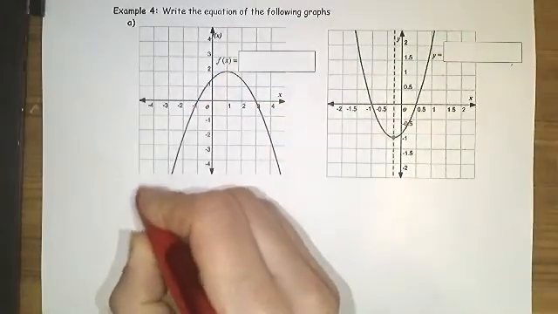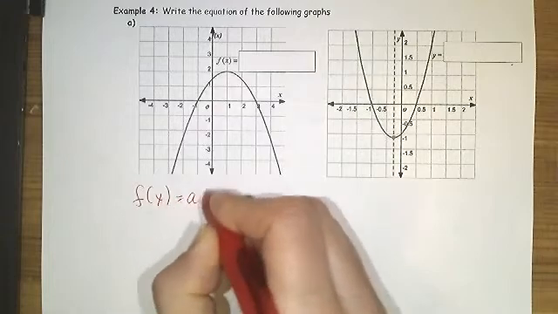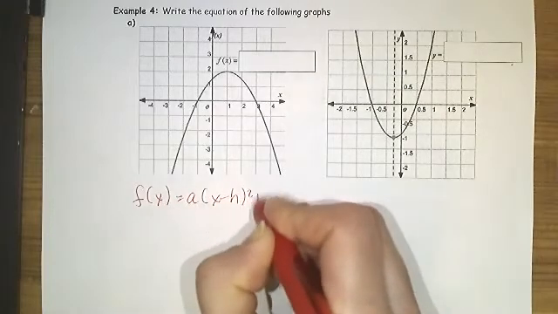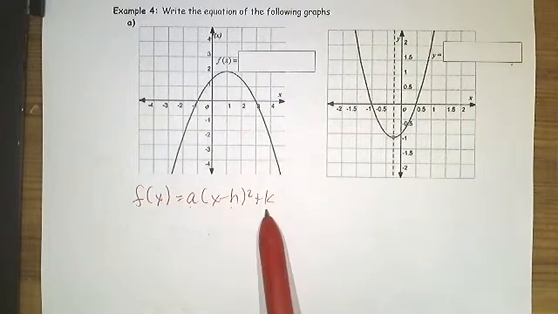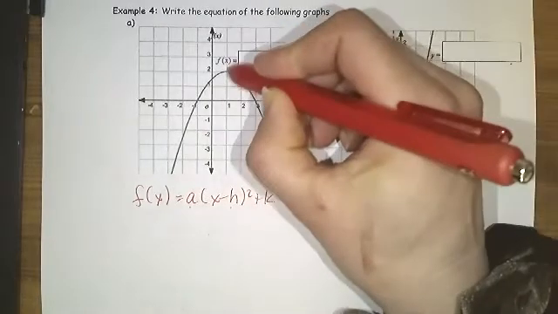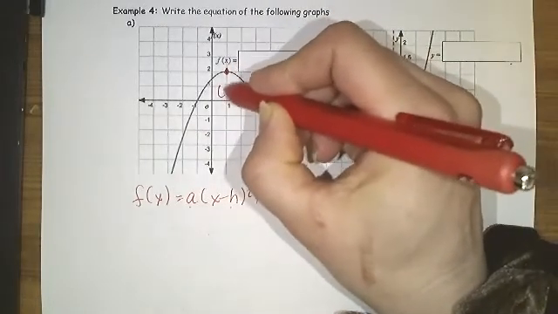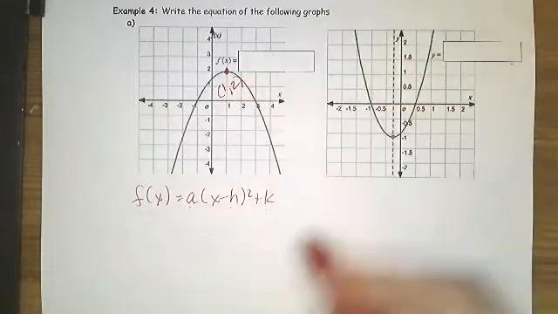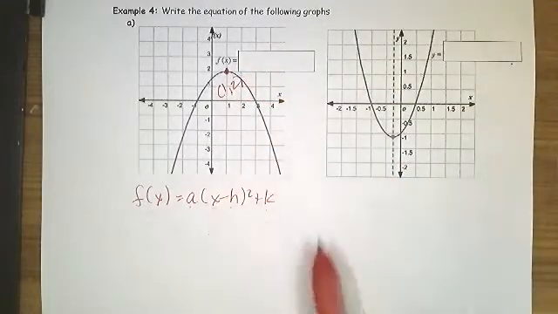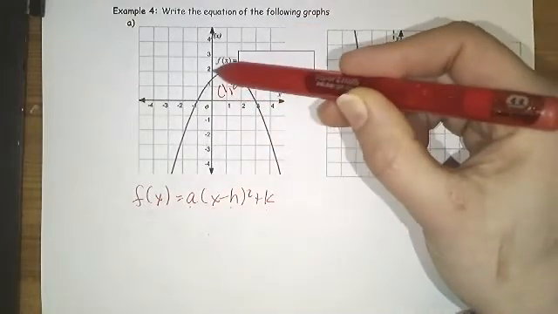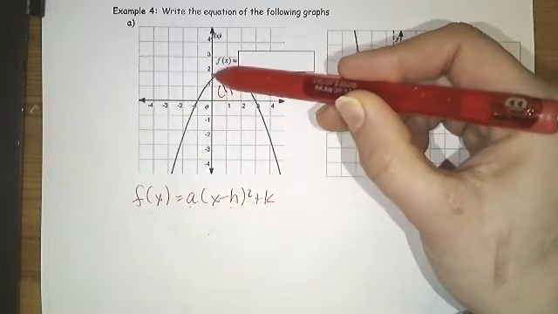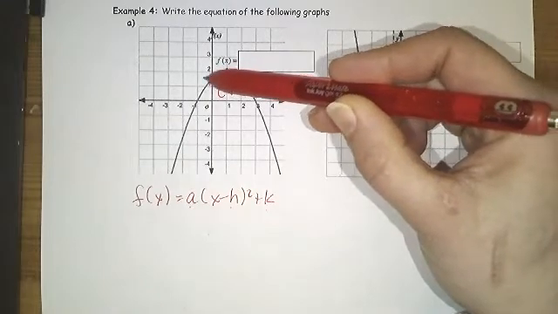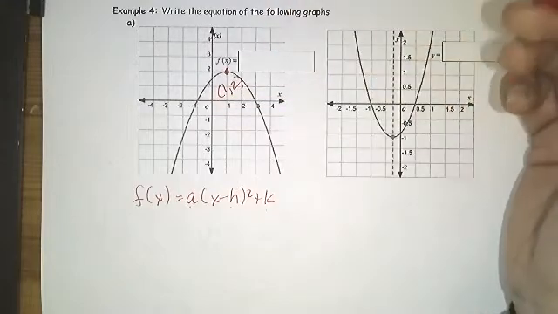So if I want to write it in vertex form, then I'm starting with this equation, and I need to find values for a, h, and k. We can see right here our vertex is (1, 2). So we have our h and k value. We could maybe read this from the graph because if we go over 1, it looks like we go down 1 1/2.